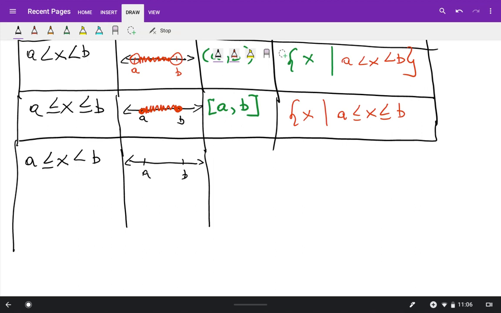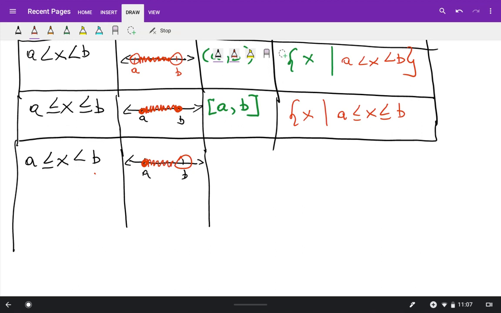Look what happened here: when we have x greater or equal a, you read from right to left. So when you have a, you're going to keep it a closed circle. Now on the right side of the inequality, you have x less than b. So here we have strict inequality. So where you have b, you're only going to keep an open circle and you will shade everything between.